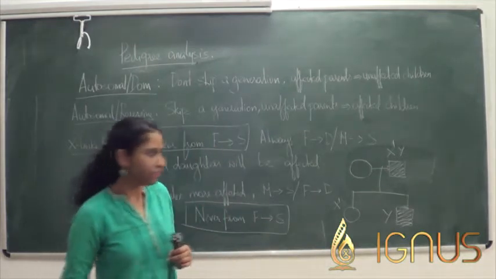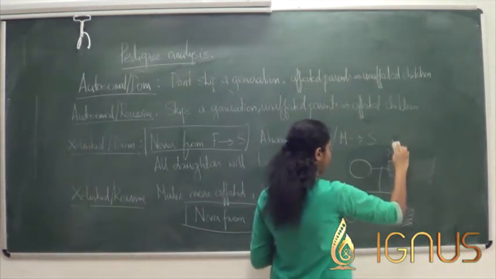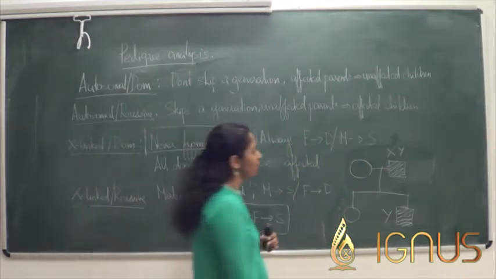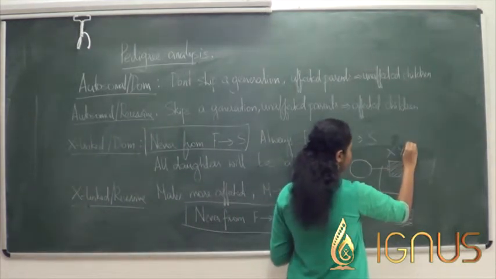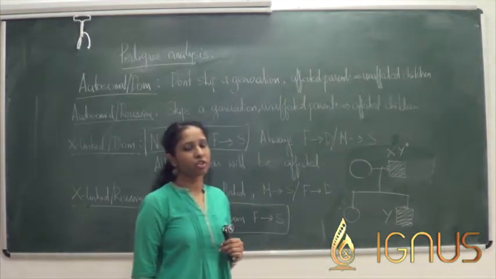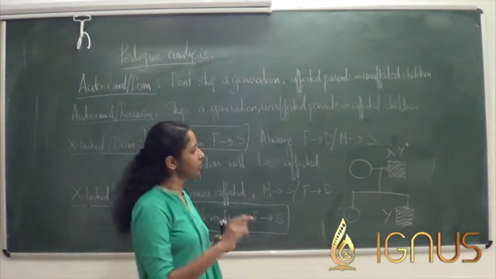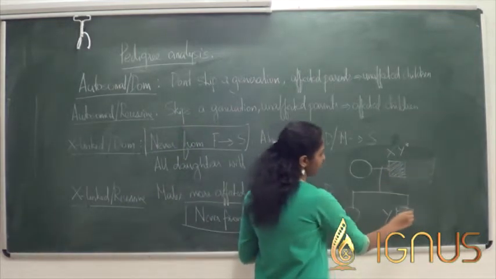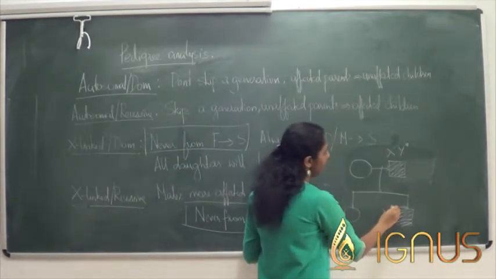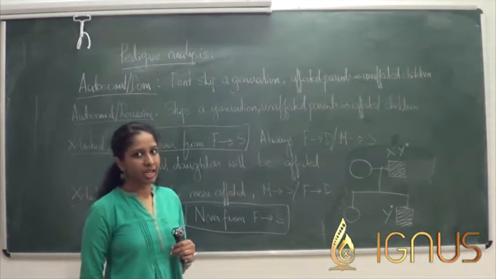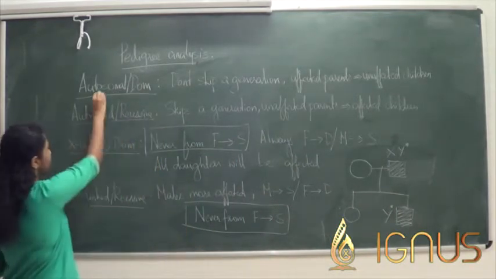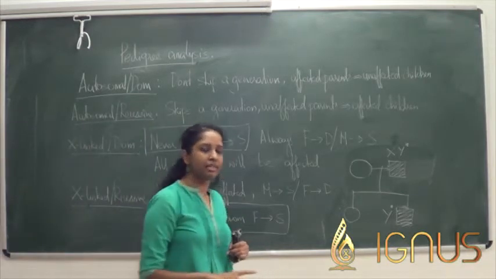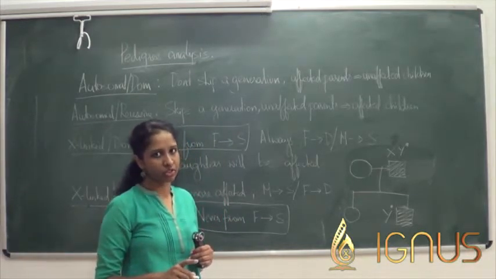A Y-linked inheritance pattern can be something like hypertrichosis, in which case the gene is carried on the Y chromosome. And if you have the father being affected and the son being affected, you can think of it as either autosomal inheritance, or a Y-linked inheritance pattern like hypertrichosis.